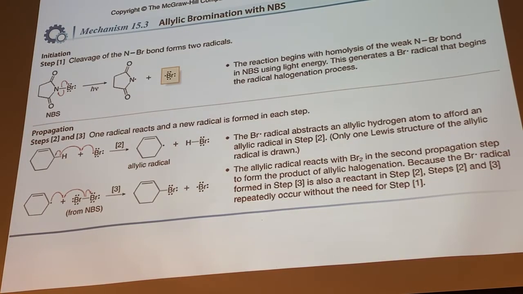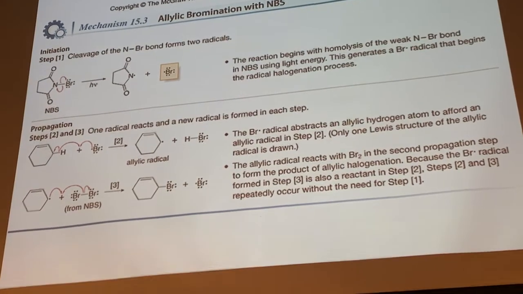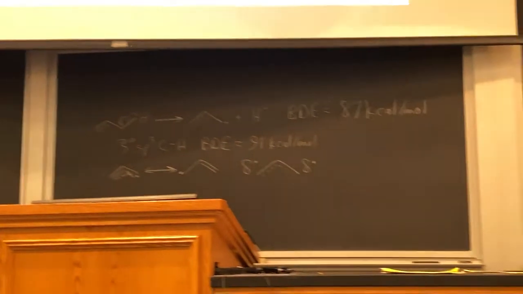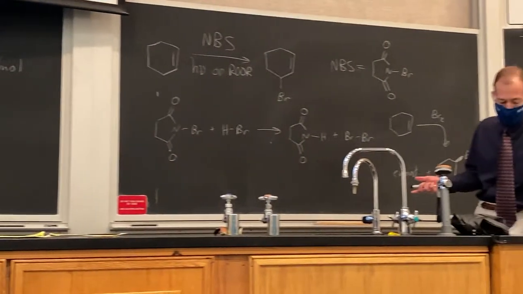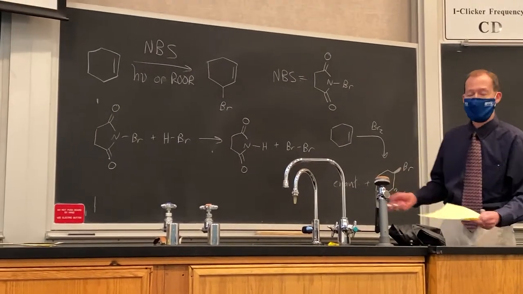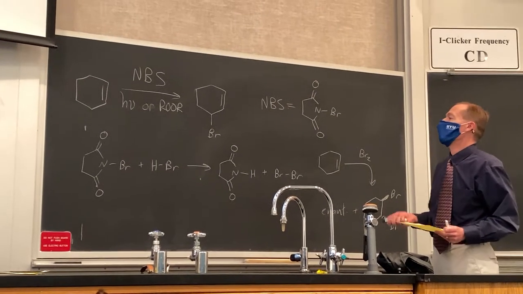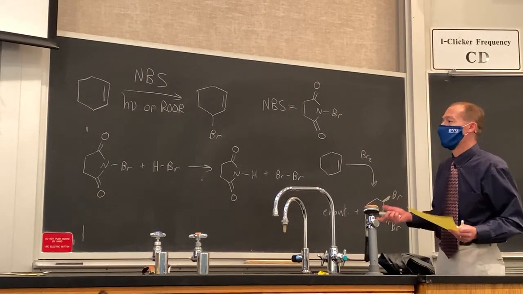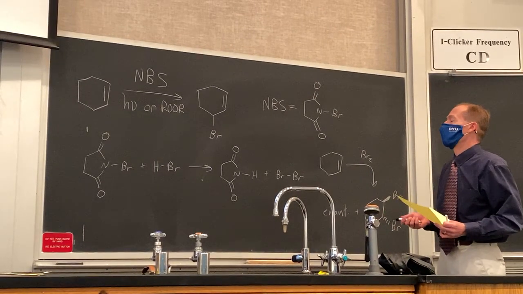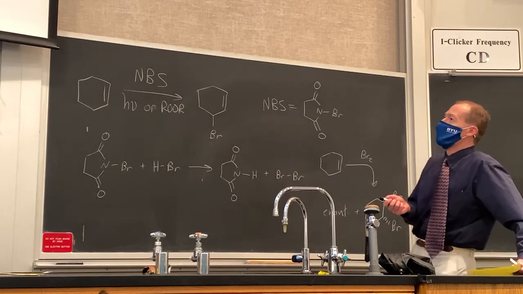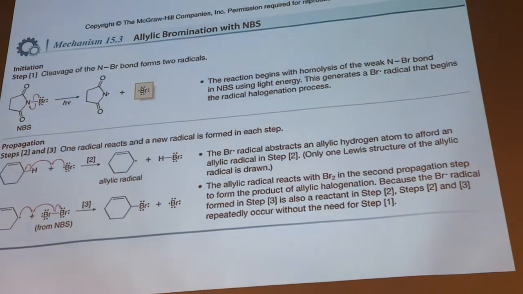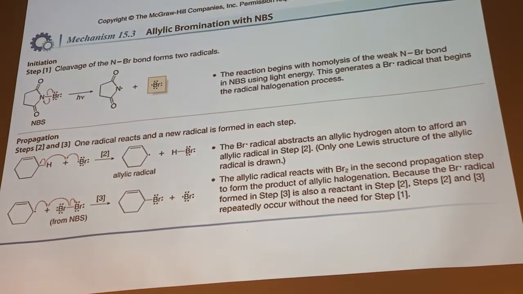A couple of other aspects of this reaction. You'll note that this is a chiral molecule. We didn't draw any stereochemistry, but you would form this product as a racemic mixture. And with our cyclohexene, if you look on the screen here, you can see that if you were to draw that second allylic radical resonance structure, it would be equivalent to the first one.